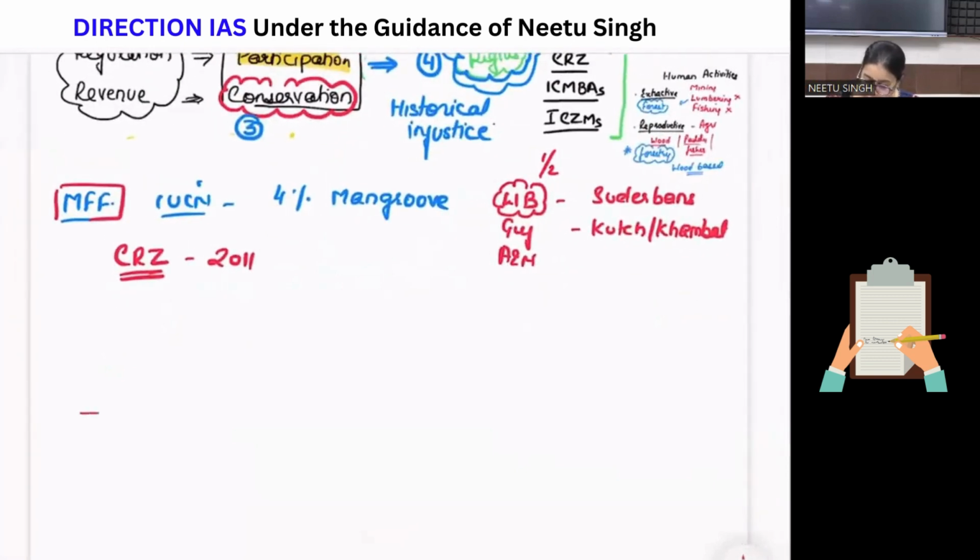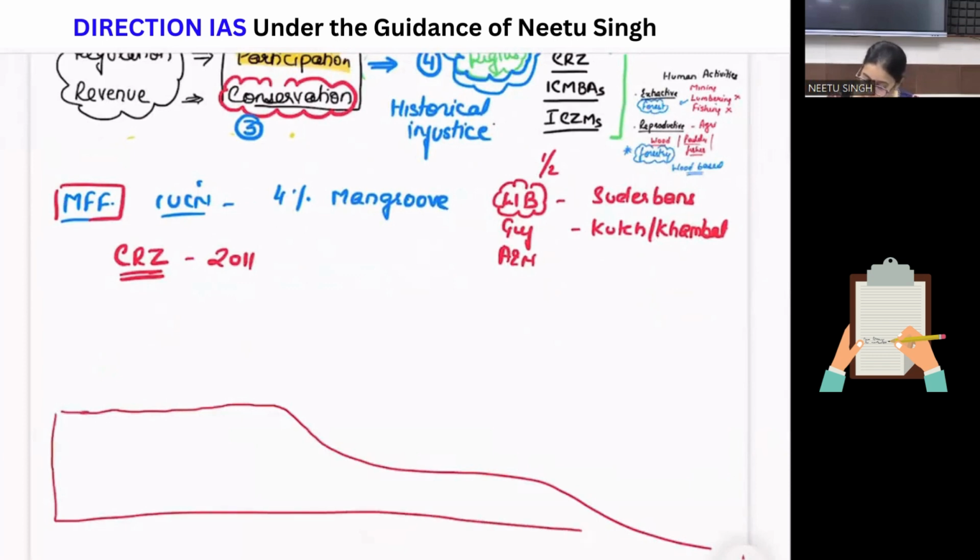The CRZ notification identifies, and here goes my diagram, and that will give you the understanding very well. So I just want to create a frame, and this is my mean sea level. Since we have been talking about physical geography, I don't think this should create any trouble for us. Okay?